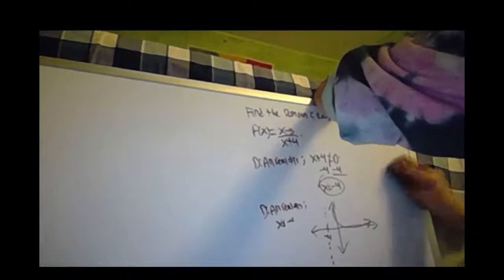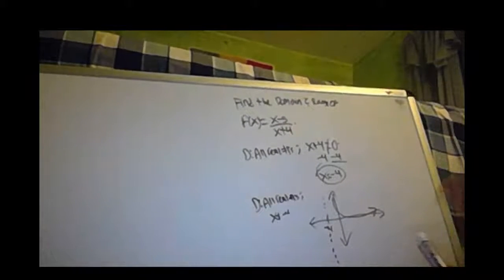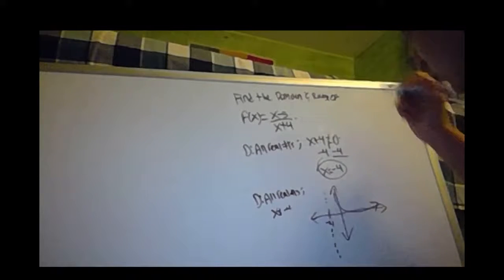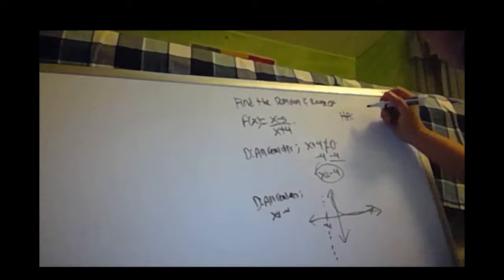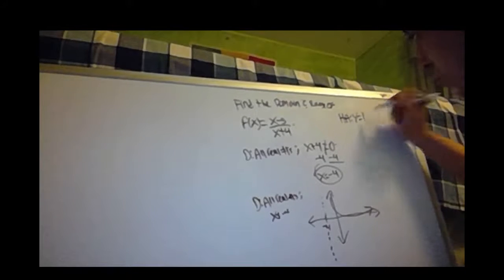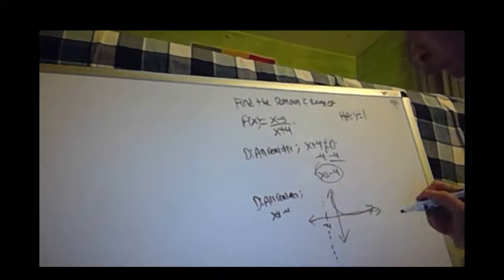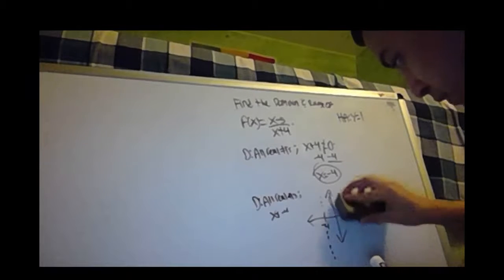Okay. So the horizontal asymptote would be y equals 1. So let me go ahead and do this again because I kind of messed it up a little bit.